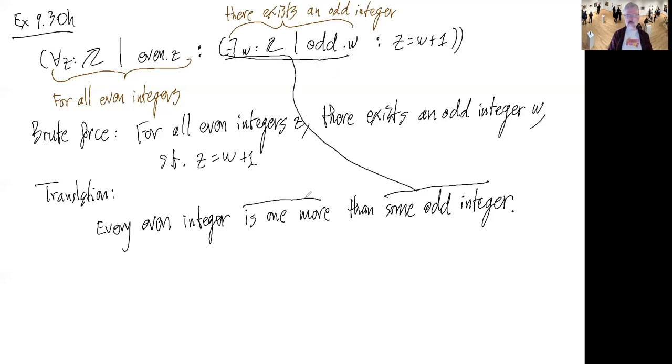The is one more is that part there. And the every even integer is this part here. Okay. So that would be, I would argue, a better translation of that quantifier to English than the brute force one. And one way to tell that we've done a pretty good job is the fact that this doesn't have any variables anymore.